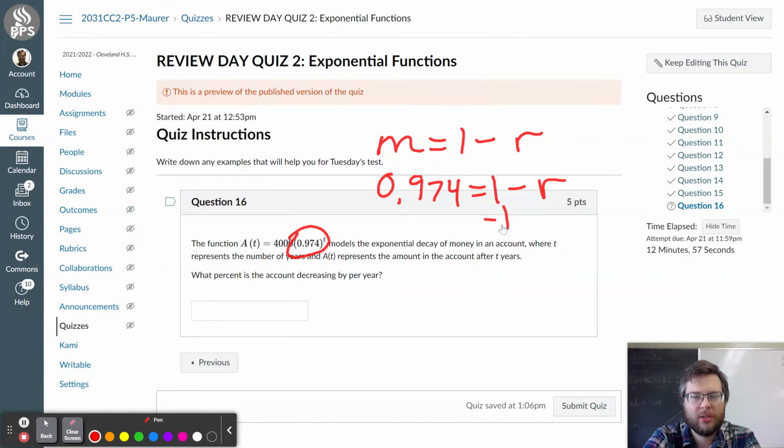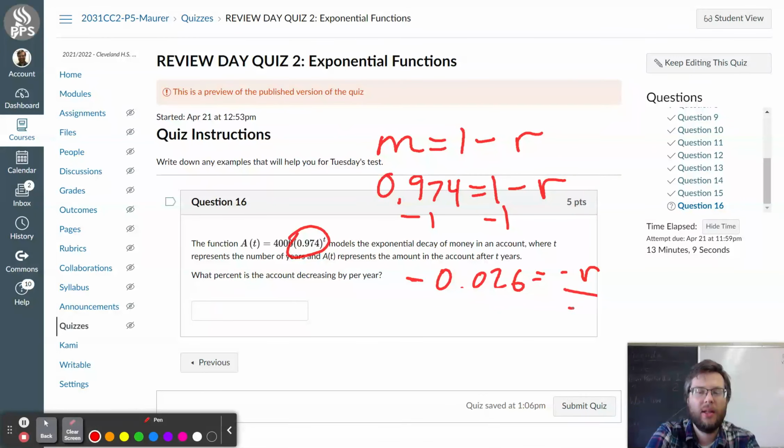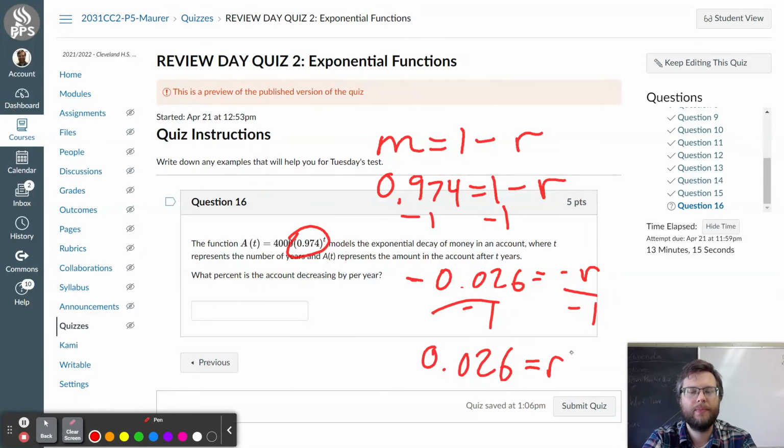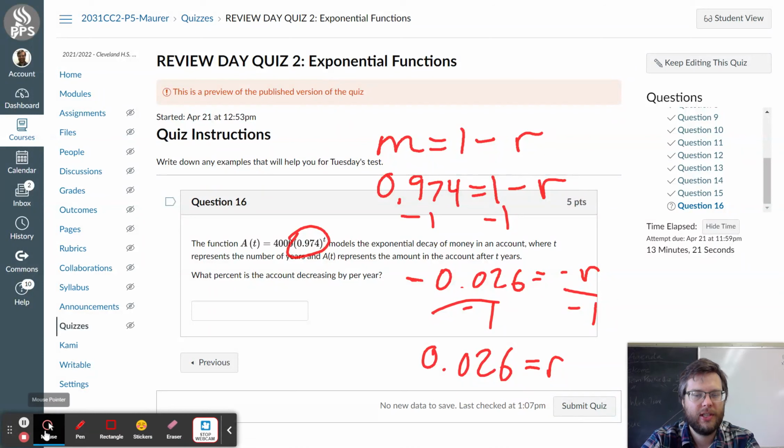Okay, so we can just subtract 1 from 0.974, giving us negative 0.026. You might have been able to do that in your head. And then dividing by negative 1 tells us 0.026 is our r value. Multiply that number by 100 to change it into a percent, and your percent would be 2.6%.